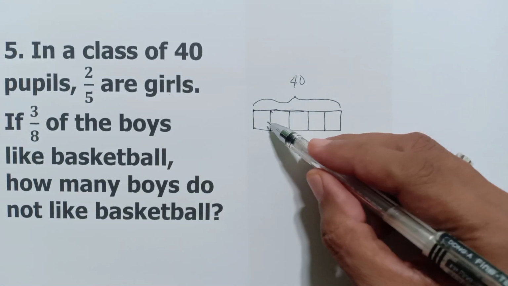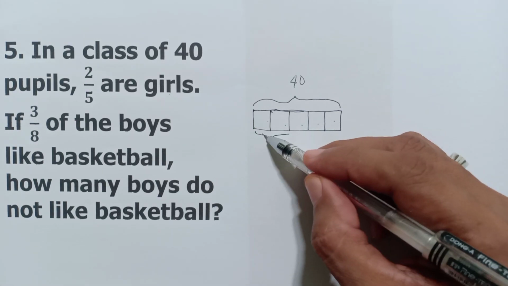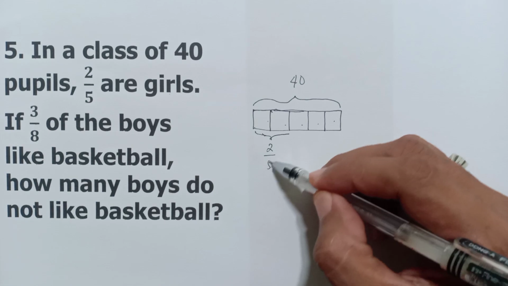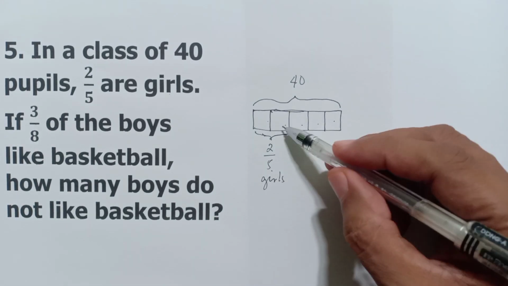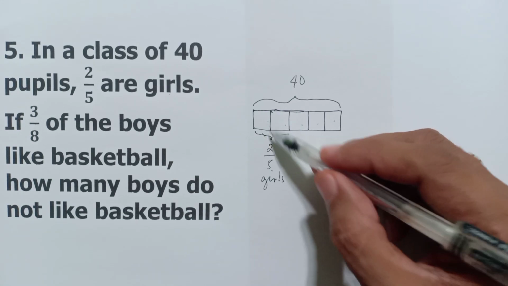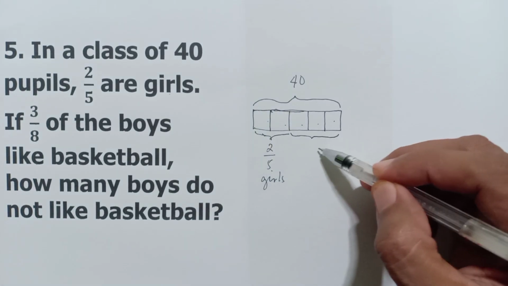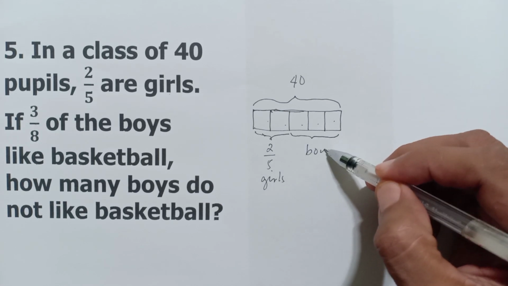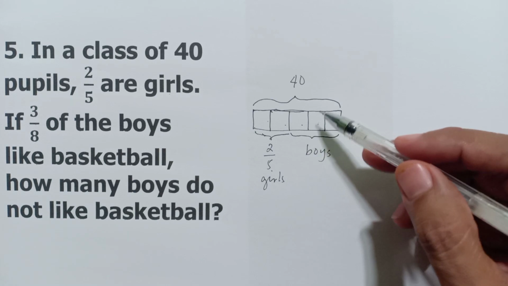Okay, so we have 5 parts. Then if we get 2 parts, so this is 2/5, correct? So this represents the number of girls. So if these 2 blocks represent the number of girls, meaning these 3 blocks represent the number of boys. Now, 5 equal parts is 40.